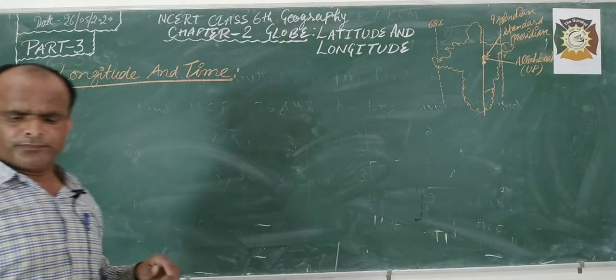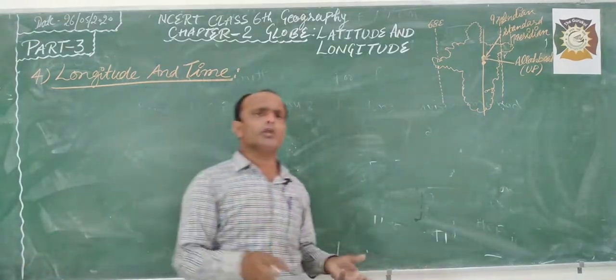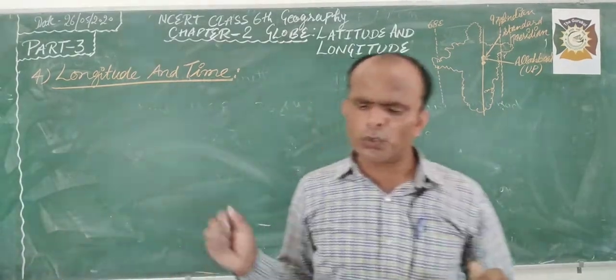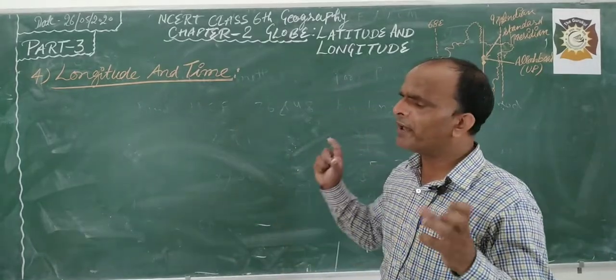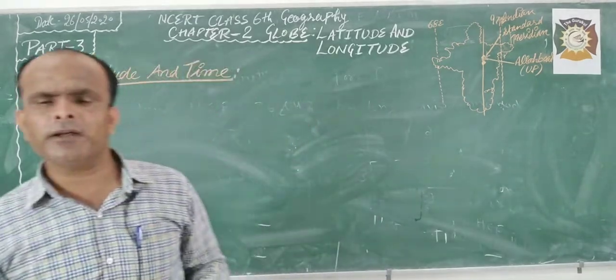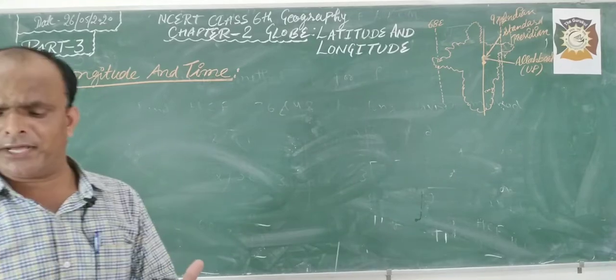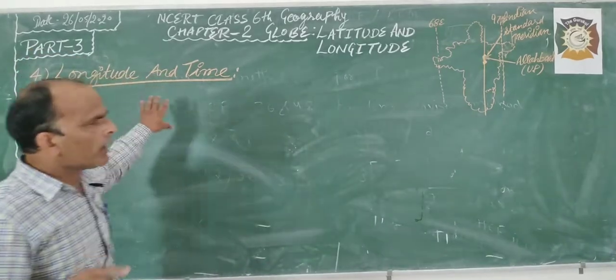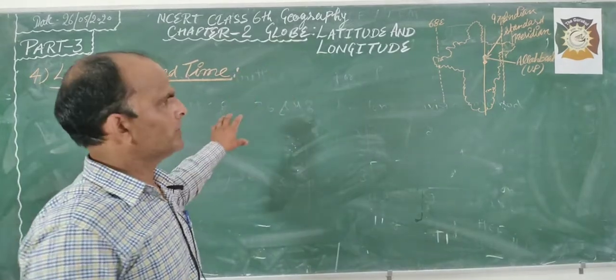What is the link between longitude and time? You know, the best means of measuring time is movement. Time is always measured by the movement of the earth, planets, and the moon.